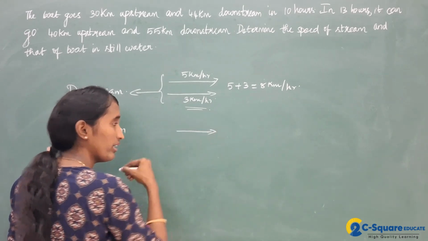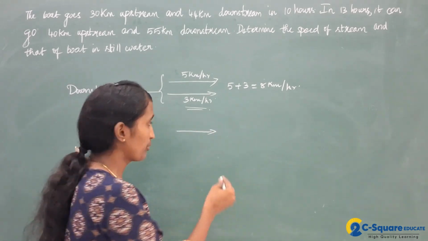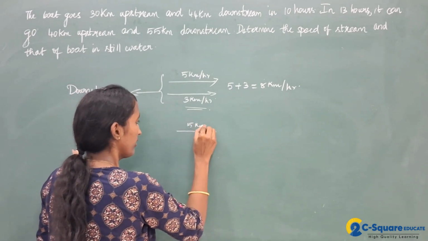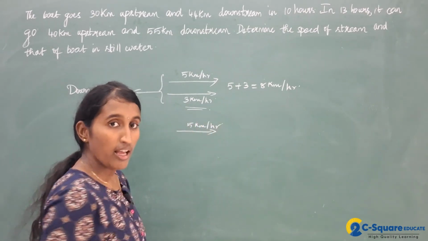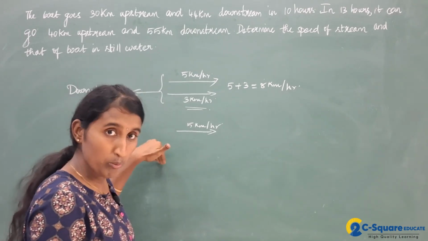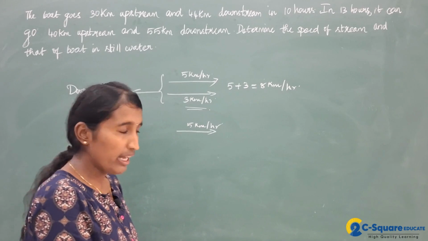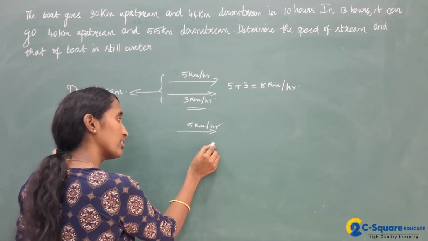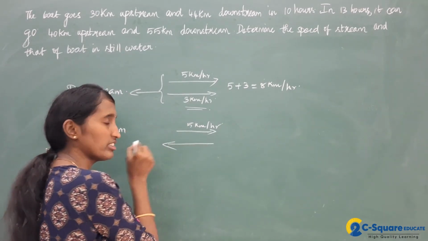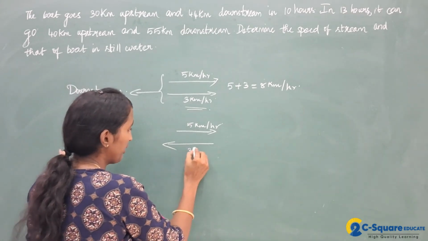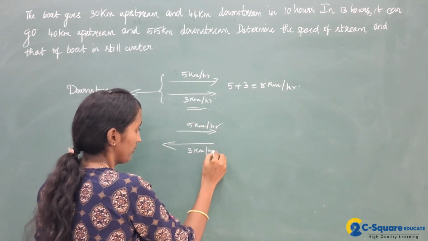Suppose the boat is moving in this direction with a speed of 5 km per hour and it is moving on the moving water with the same speed of 3 km per hour. But in this case, the water is moving in the opposite direction with a speed of 3 km per hour.